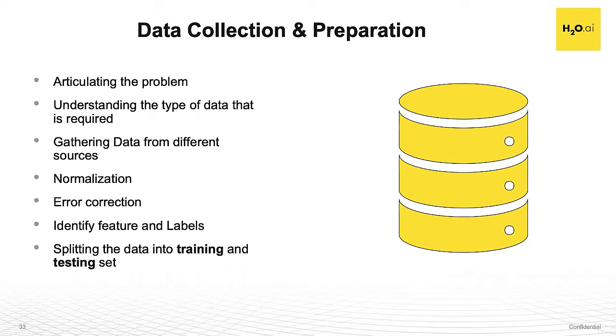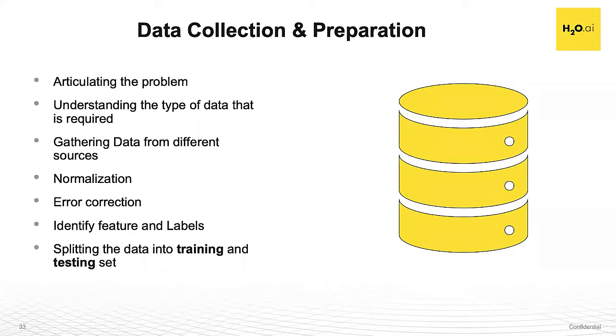So you have to understand the problem. And when you know what problem you have, you'll start gathering the data. Now, it is not that simple because you have to clean the data also. You might normalize the data. You might have to correct some of the errors. You might have to remove the noise from your data.